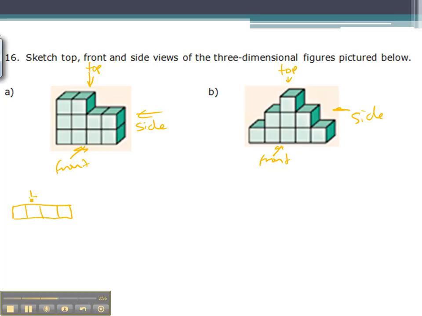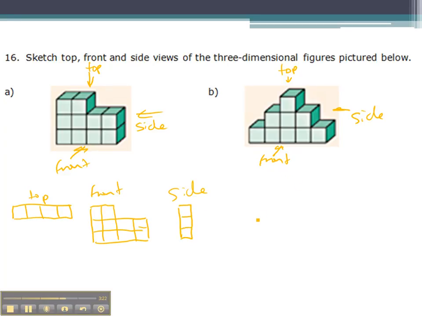That's the top view. The front view would look like this. And then the side view would be a column of squares 3 high.